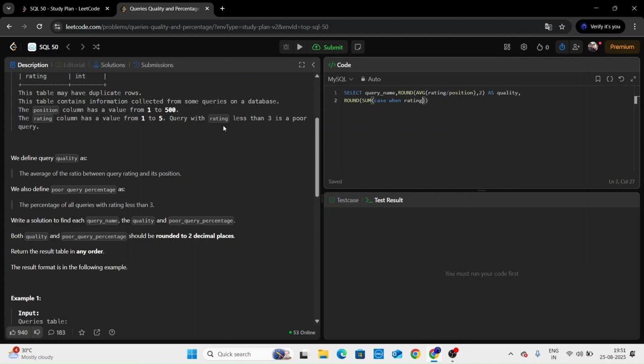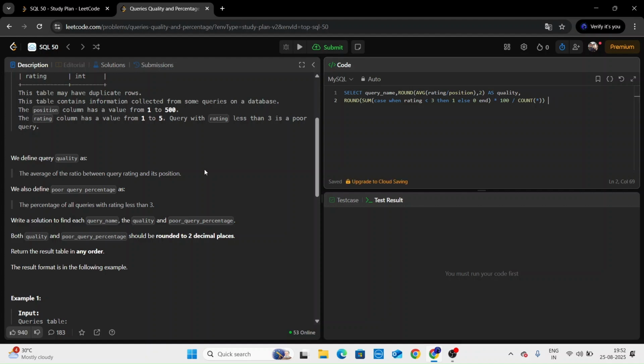So when rating is less than 3, then we will return 1, else we will return 0, and at last we will end the statement. After that we will multiply it with 100 because it is a percentage. Then we can divide it by the count.